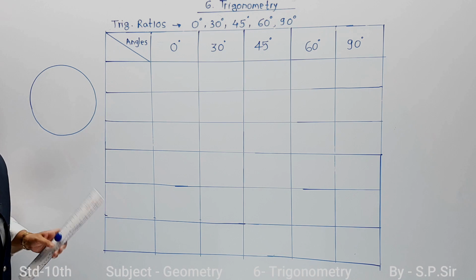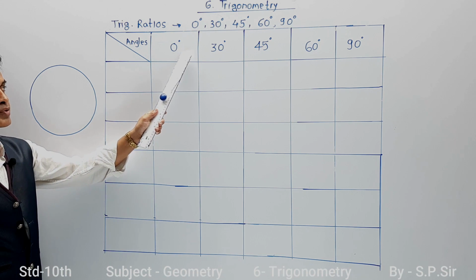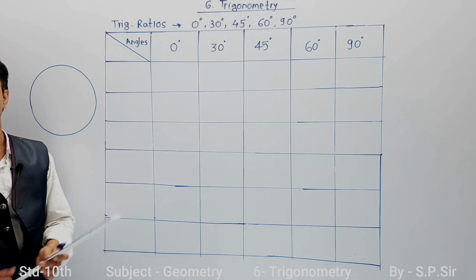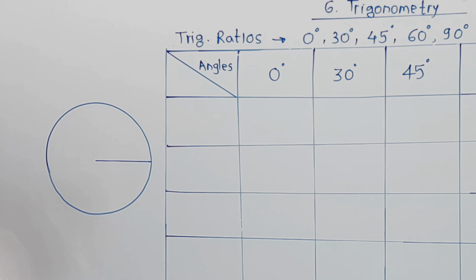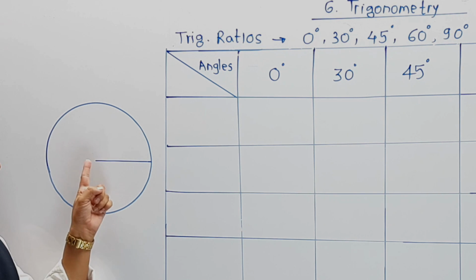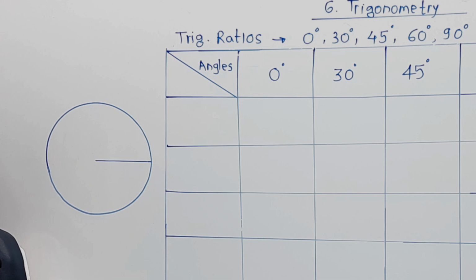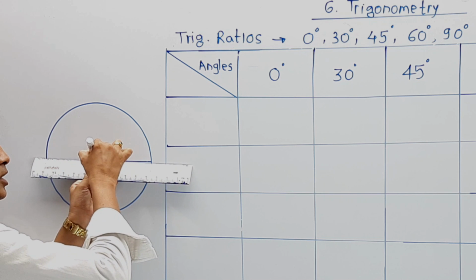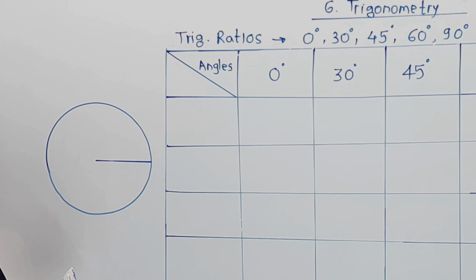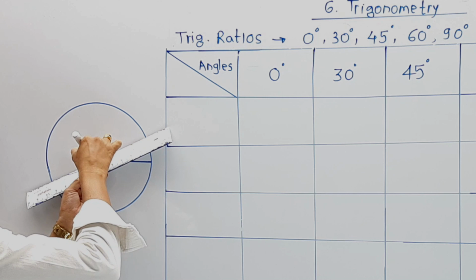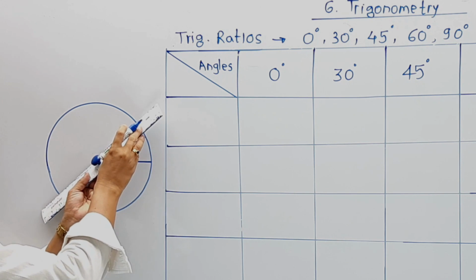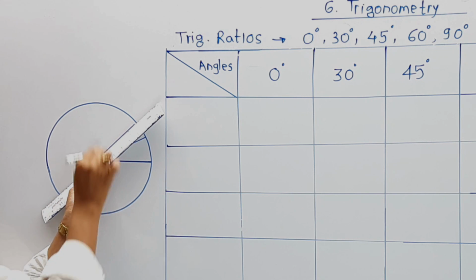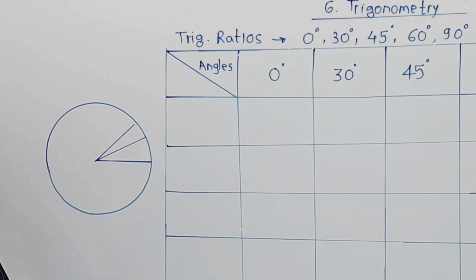But first of all, try to understand how these angles are generated: 0 degree, 30 degree, 45 degree, 60 degree, 90 degree. We draw a circle with unit radius, meaning a circle having a radius of 1 centimeter, 1 meter or whatever, in terms of 1 unit. In the first case your angle is 0 degree, so it overlaps the initial arm. For 30 degree, the angle is 30 degree. For 45 degree, the angle increases in the anti-clockwise direction up to 45 degree.